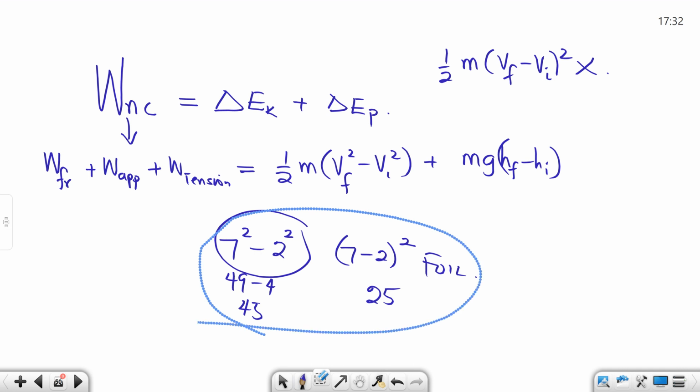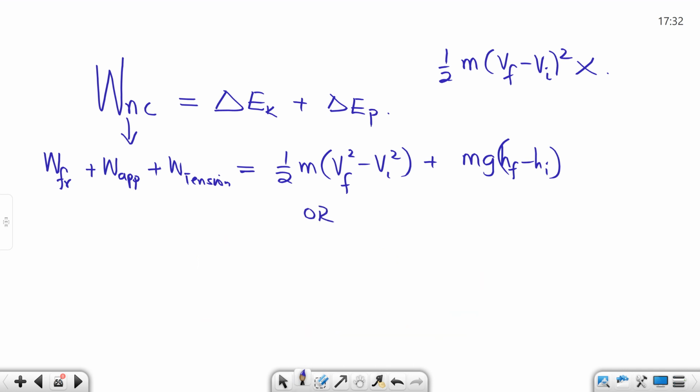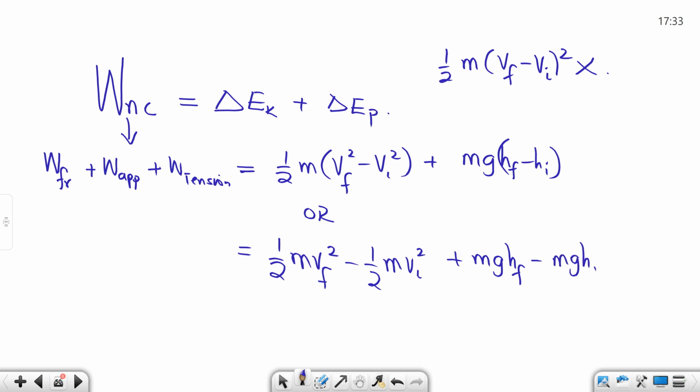So let's be careful with the formula. Or, like Mosam is saying, you could write this as VF squared minus 1 over 2 VI squared plus MGH final minus. All right, so please practice the formulas. Choose whichever one works for you, but make sure you do the right thing.